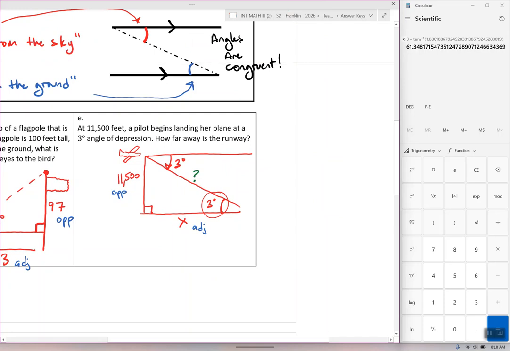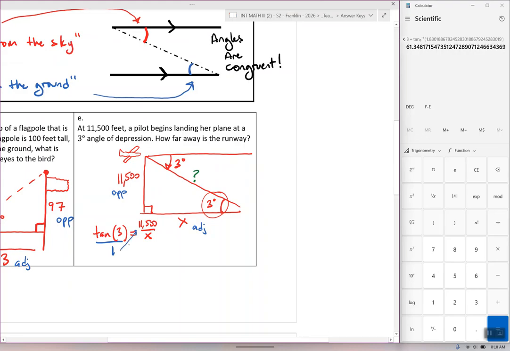So we are going to use the tangent function. Tangent, let me do this in red. It's very important. Tangent of 3 equals opposite 11,500 over x. And remember from previous, we'll use a proportion.